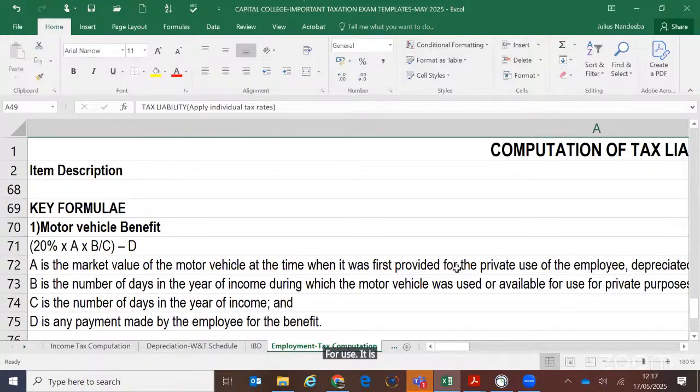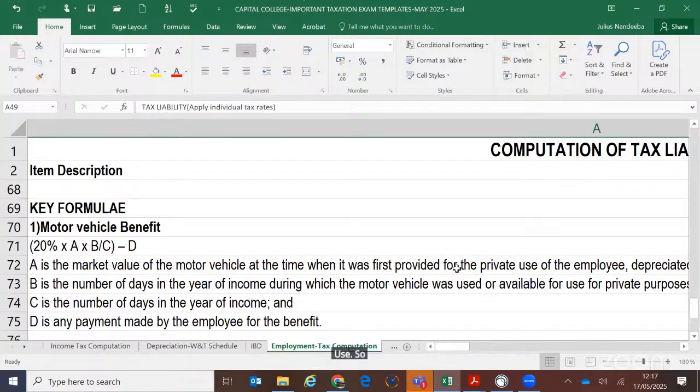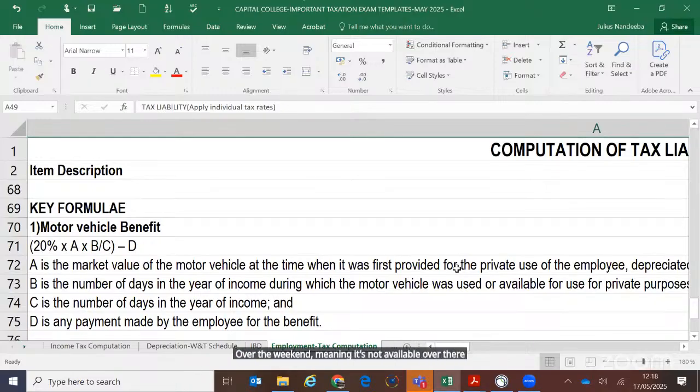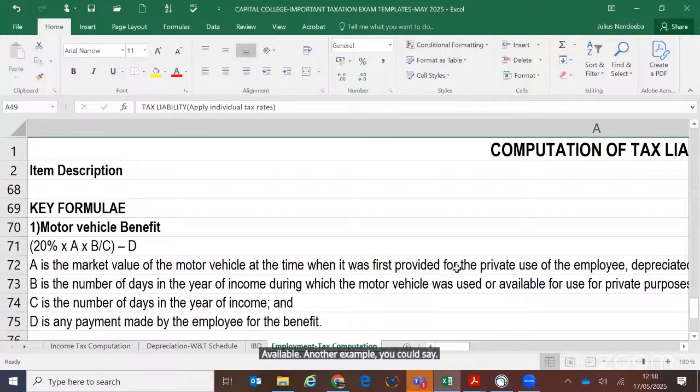It is only in rare circumstances when the examiner specifically tells you the days when this motor vehicle is not available for private use. So watch out. The examiner will tell you that, say for example, this motor vehicle is parked at the office premises over the weekend, meaning it's not available over the weekend. This employee can use it from Monday to Friday, but over the weekend it's not available. Another example, you could say this employee goes for leave in a month, for example, the month of December.